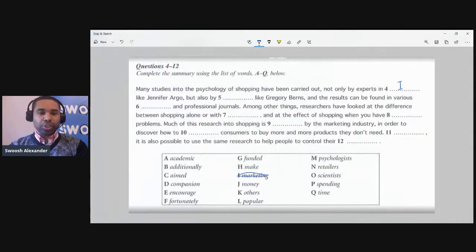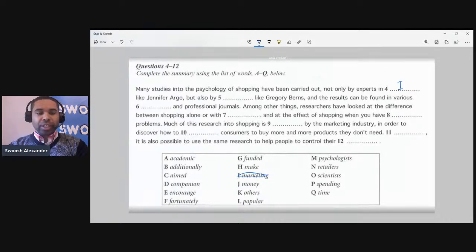It's always good to cross them off once you've used them so that you can just focus on the ones that remain. So we're contrasting experts in marketing with what? What can we contrast this with? So feel free to make your suggestions. Experts in marketing, what other field or group of people might be studying this topic?